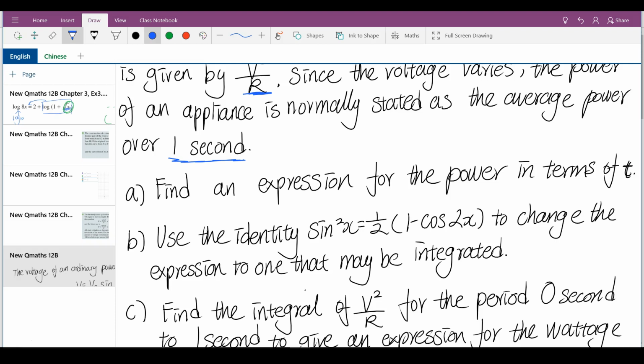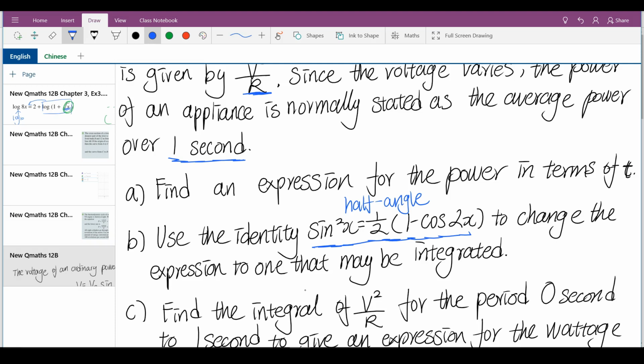This interesting thing here is one of the trig identities. It's what we call a half angle rule, a half angle identity. This allows you to convert a sine x squared.